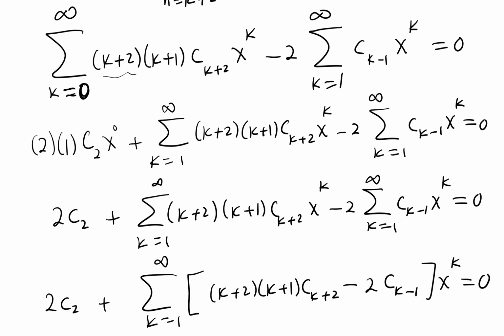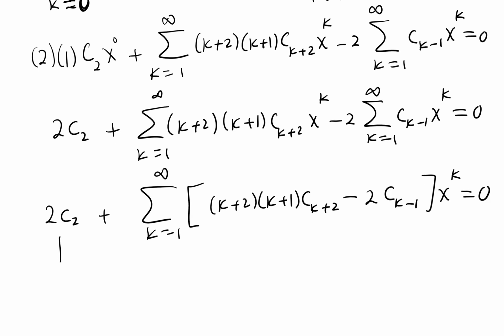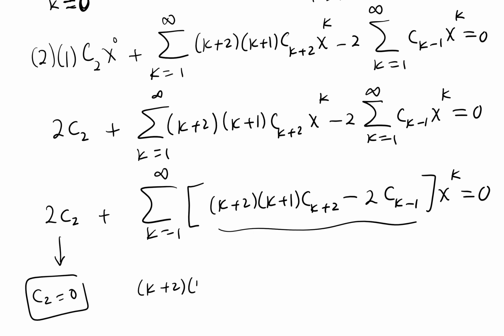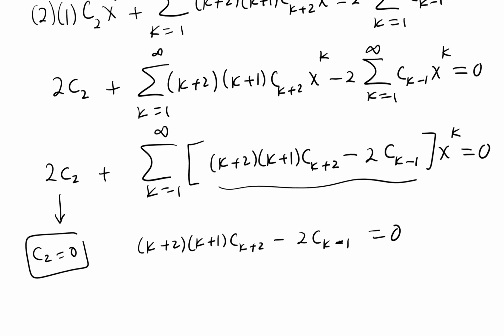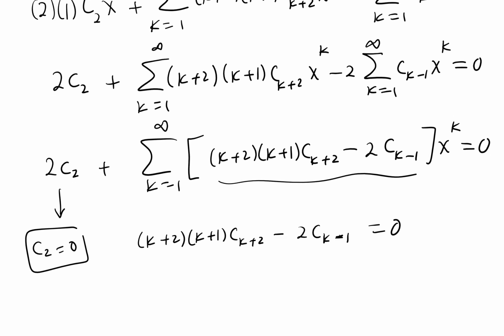Now, in order for this to be identically equal to 0, this part must be 0, and this part must be 0. And then we solve for c sub k plus 2, which is 2 c sub k minus 1 divided by k plus 2 times k plus 1.